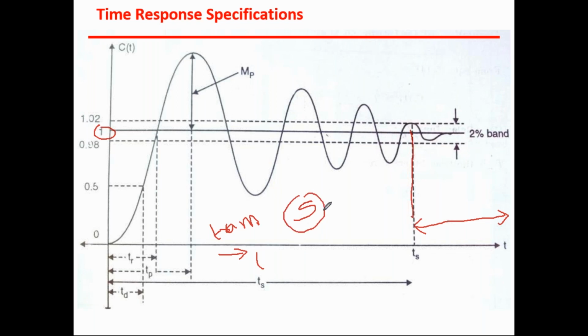So here we have 5 time values. For example, first take this one: this is TD, the delay time. Okay. And TP the peak time, TR the rise time, the maximum overshoot, and the settling time. So these are the 5 time period values we have to find.